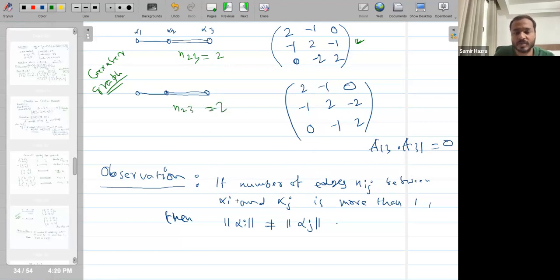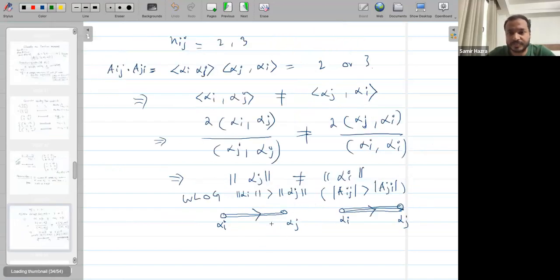So this observation tells us that if the number of edges Nij between alpha i and alpha j is more than 1, then the norm of alpha i is not equal to the norm of alpha j. So why is that? Suppose Nij is more than 1, so there are double or triple edges between alpha i and alpha j.